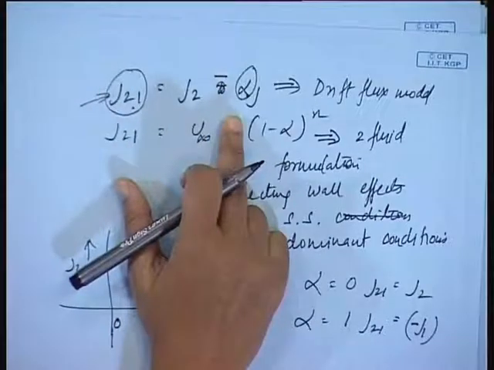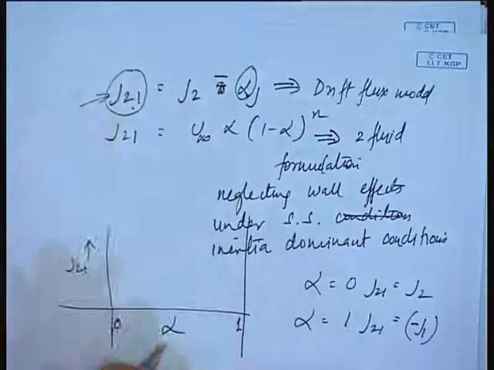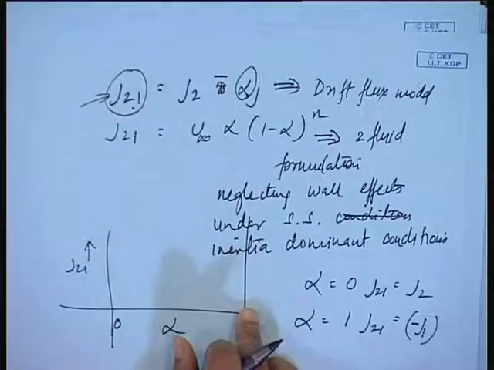Now, there is a second way of representing the data or the relationships which we have got. Same thing, we start from the same relationships, from this particular equation itself, and we can find out a relationship between J1 and J2, and represent it in a curve of J1 versus J2.